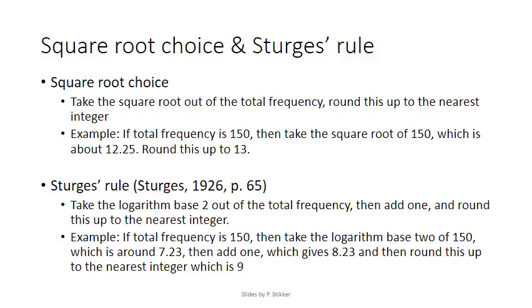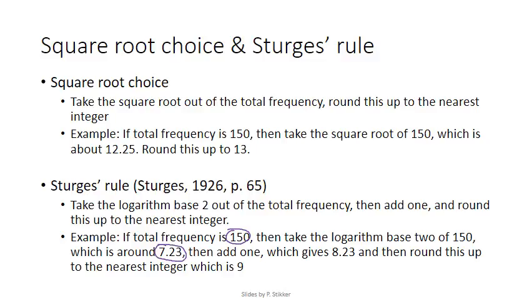Now, Sturges' rule is slightly different. He suggests to take the logarithm base 2. He actually wrote down a number himself, but it's clear from the text that he meant logarithm base 2 of the total frequency, add 1, and then round this up to the nearest integer. So again, if we have 150, then we take the logarithm base 2 of this 150, which is roughly 7.23.